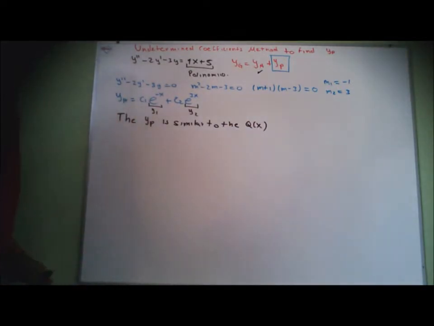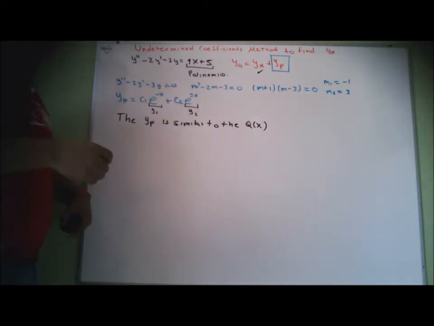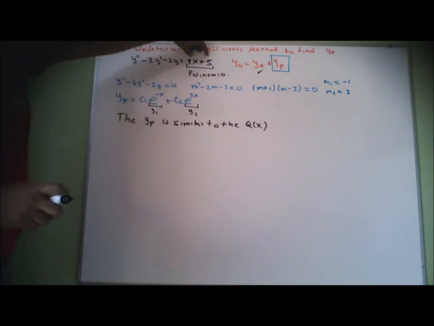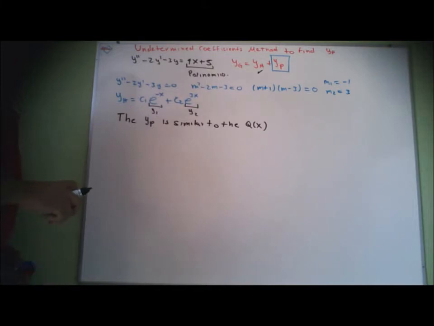Because the q of x here is a polynomial, then my particular solution should be a polynomial. It doesn't make sense to have a natural logarithm, or an exponential, or a tangent of x.